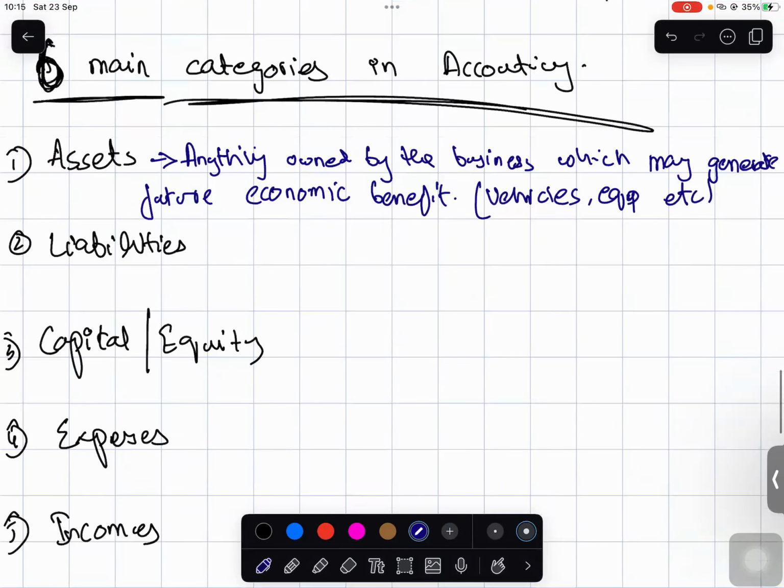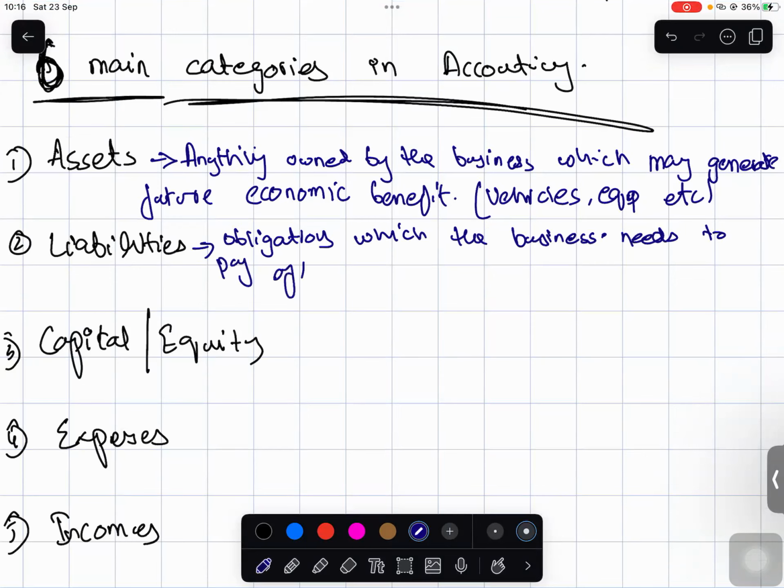All right. Now liabilities. Liabilities, as the name suggests, are obligations which the business needs to pay off.